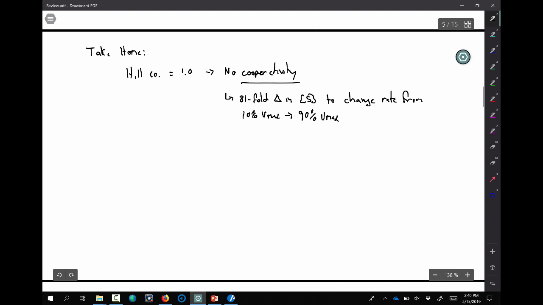Now, you can go up in number from there. 2, 3, there can be fractions of those numbers as well. But a Hill coefficient of 2 will be some level of cooperativity, a lower level of cooperativity, but this would be cooperative.